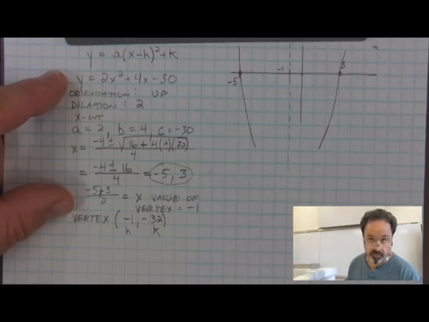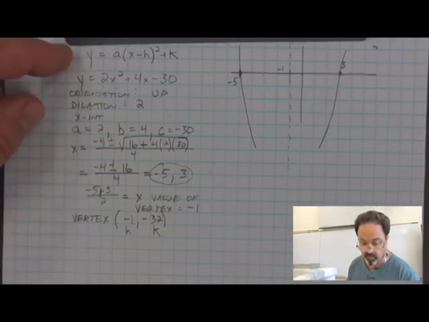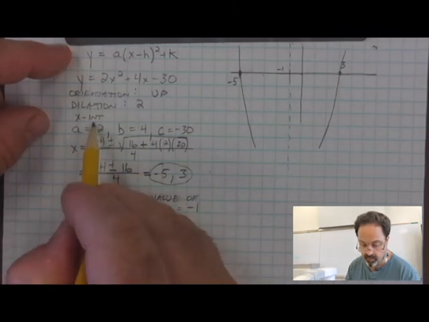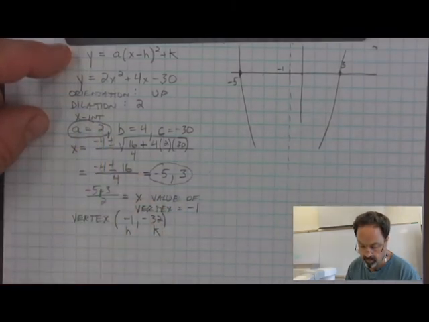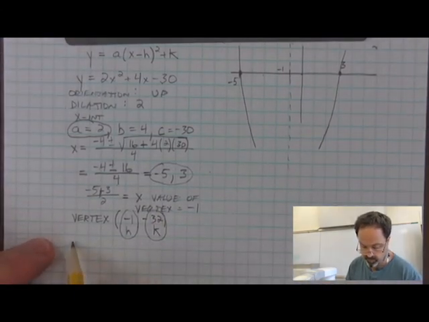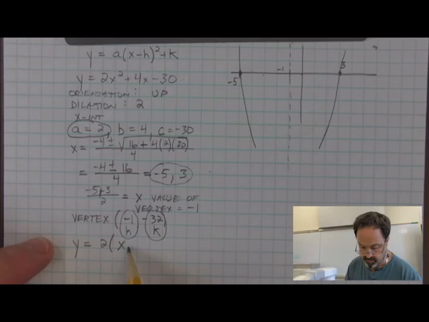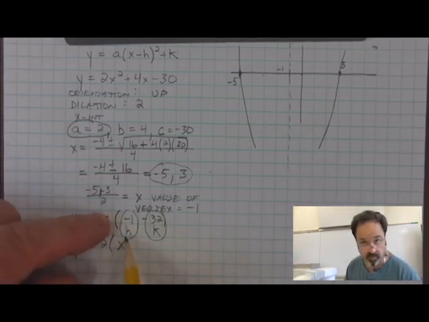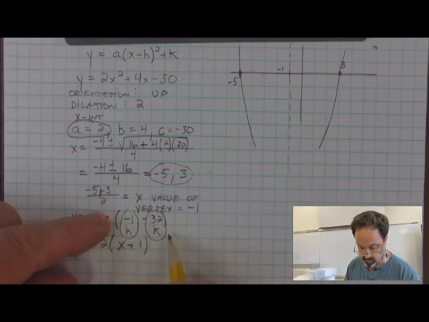I'm ready to produce my graphing form. I have the value of a, I have the value of h, and k. The graphing form of this quadratic is y is equal to that value of a times x minus the value of h. Be careful, we're subtracting a -1, so we can turn that into addition, squared plus the value of k, which is a negative.